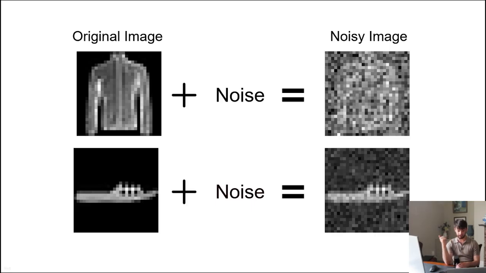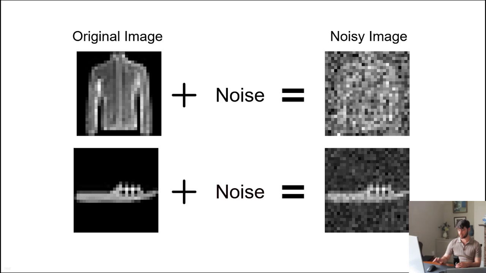But the code used can easily be expanded to much more complicated data sets. So before I go into the code, I just want to give a really simple overview about how this method worked and how I implemented it. So the first thing we do is we take our images, see this one's a t-shirt or a sandal, and we add static noise to it.